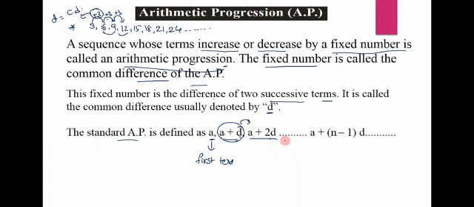In the same manner, to get the nth term, this is the formula. This is the formula of the nth term of an AP. Okay, clear? Now let us see two examples regarding arithmetic progression so that you can understand better.